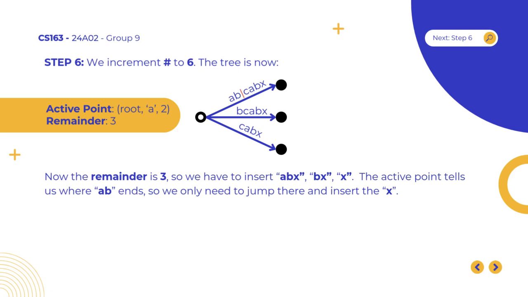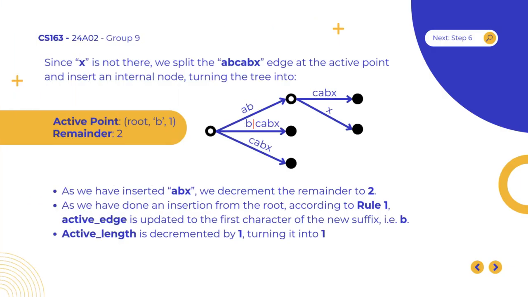This time, we don't see any X next to the active point. So, when adding the X, it would split the tree into an internal node at the active point, turning the tree into this tree.